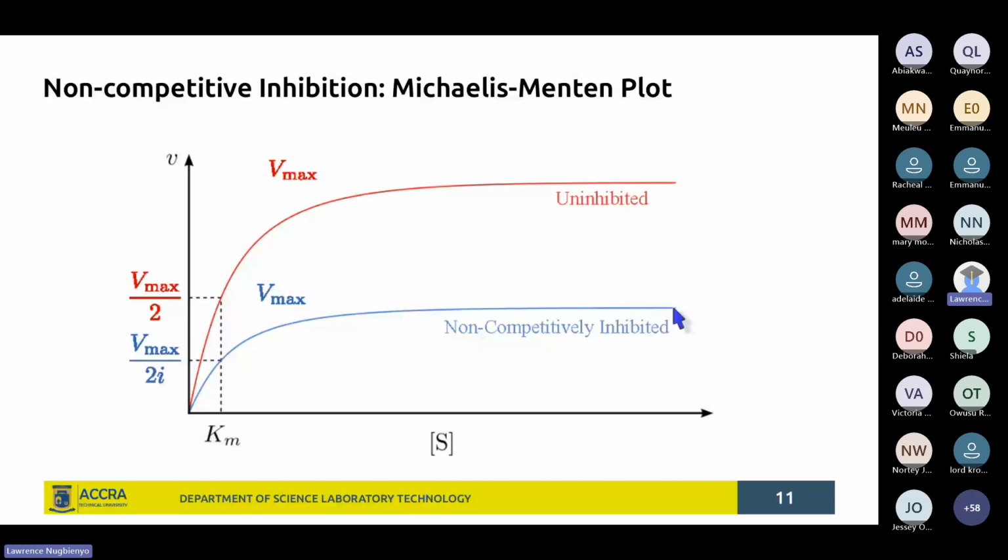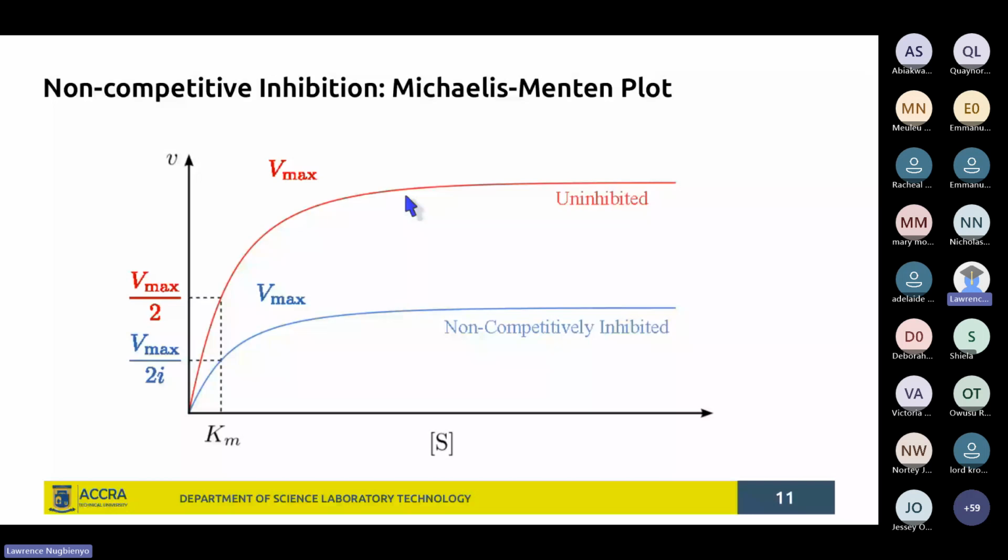But this time around, it is non-competitive inhibition. Now, what do we notice? We notice that there is a change in the maximum rate of reaction. Yes, there is a change in the maximum rate of reaction. The maximum rate of reaction is lowered.